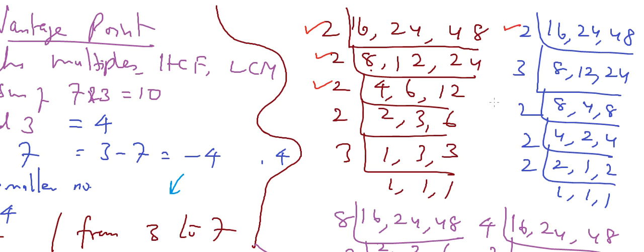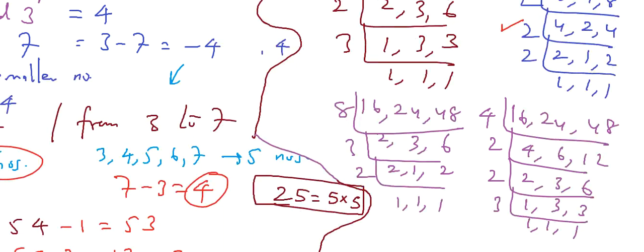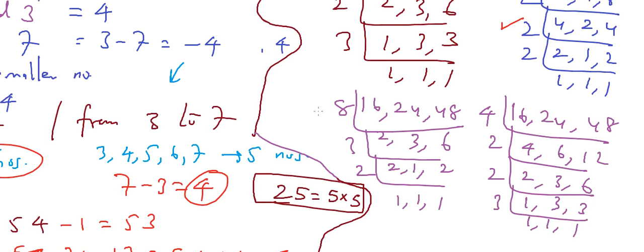Now this one, yes. This one, yes. So here all three got divided by this, but not this one. Here all got divided by 4 and this 2 also.